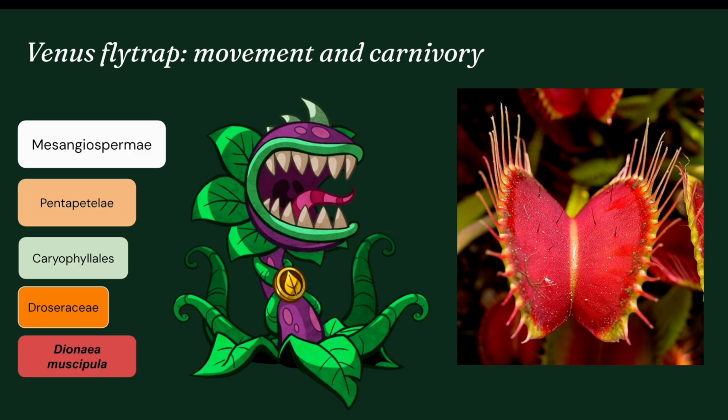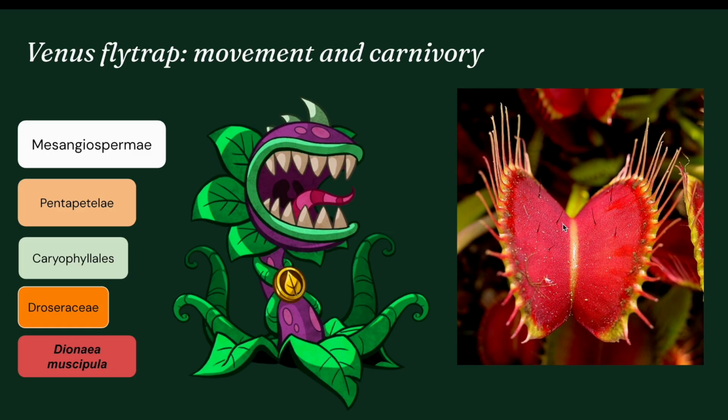It also is able to count, a rudimentary system of counting with electrical signals. You might know about these trigger hairs that 2 of them need to be triggered in order for the trap to close. So that means it can count to 2, and then it can also count to 5 because 5 trigger hairs need to be counted in order for the trap to begin digestion.